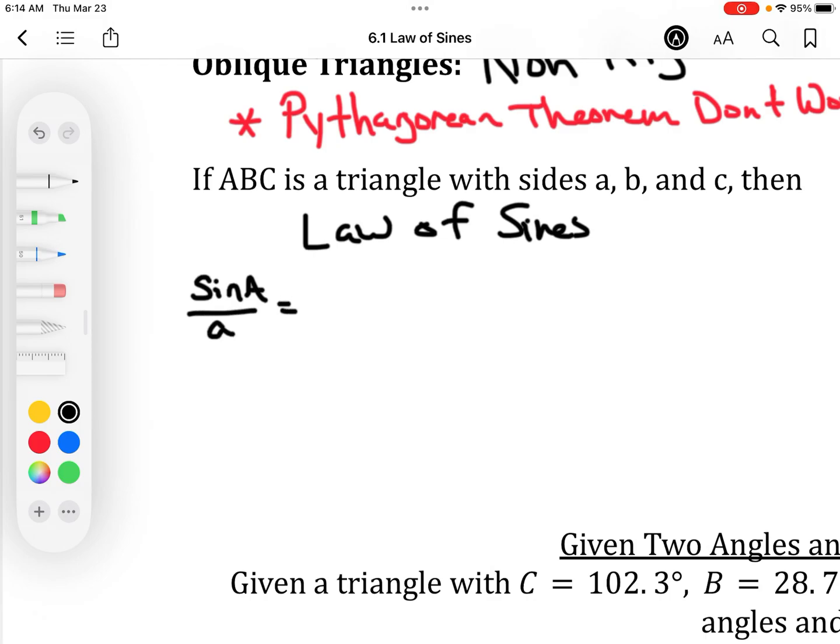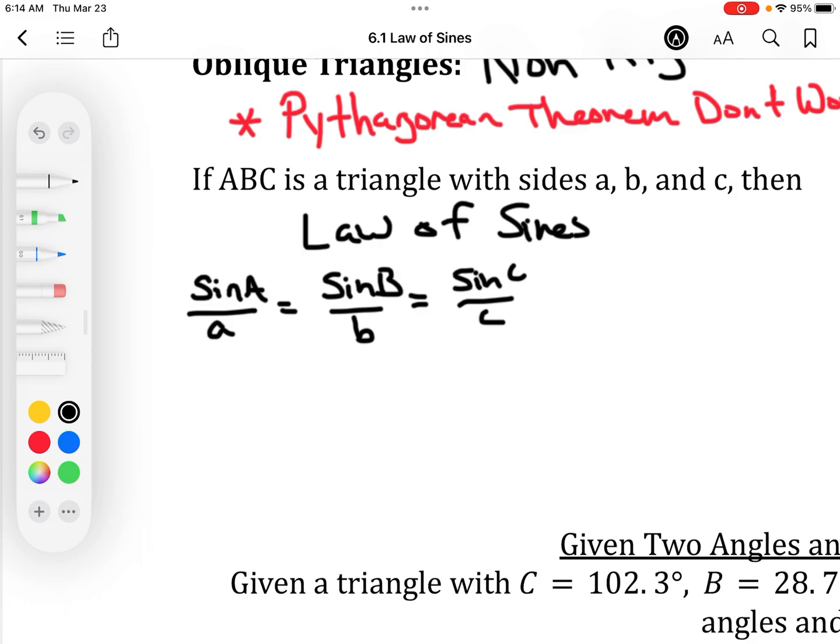Sine of A to a is equal to the sine of B to b is equal to the sine of C to c. It might look weird using two equal signs, but we're just saying that all three are equal.